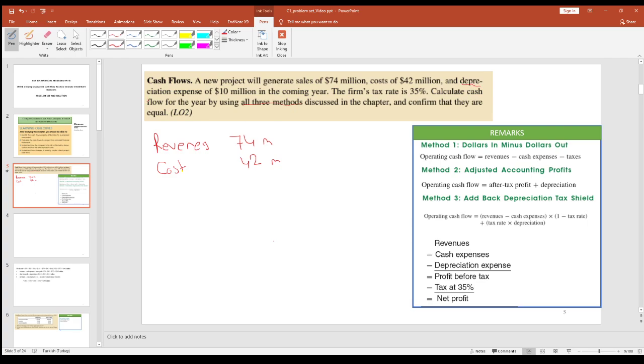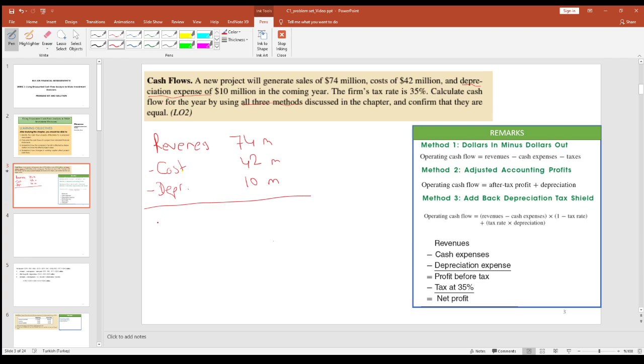Do not forget that depreciation expense is not a cash outflow. It is just an item you show in the income statement as an expense in order to benefit from the tax shield. So I will write here depreciation, which is 10 million.